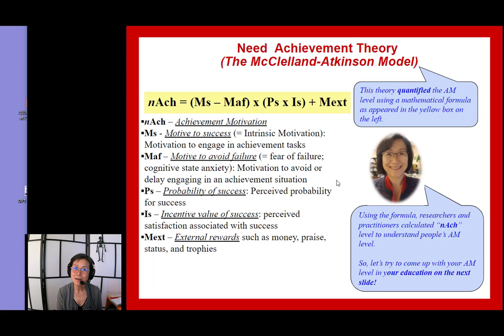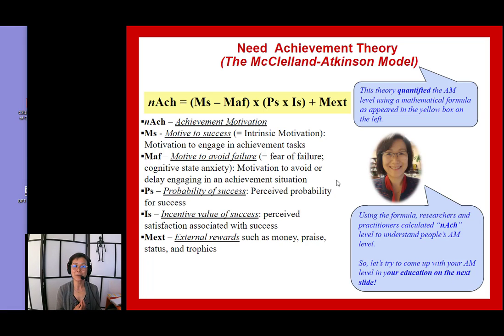Then incentive value of success. So if you make it, if you do well, how much satisfaction would you feel? How much would you be satisfied? That's the incentive value of success, IS. The last one is external reward, extrinsic motivation in a way. So when you do well, how much external reward are you getting?